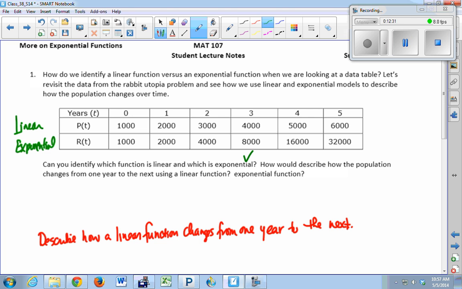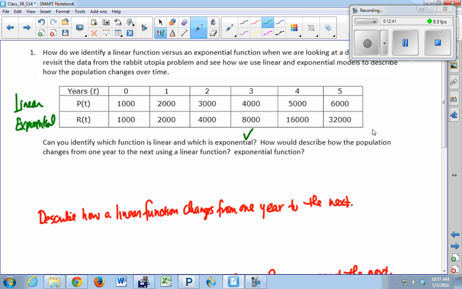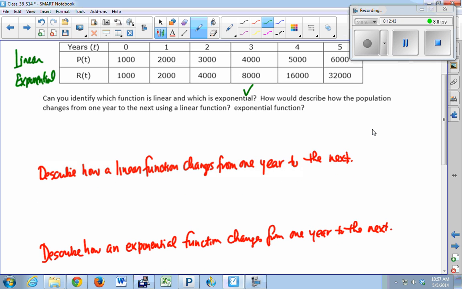We've done that. Now, how would you describe how the population, the number of rabbits, changes from one year to the next using this linear function? How would you describe it? Cooper? Oh, Jonah, you have your hand? Okay, I'll go with Jonah first, sorry.